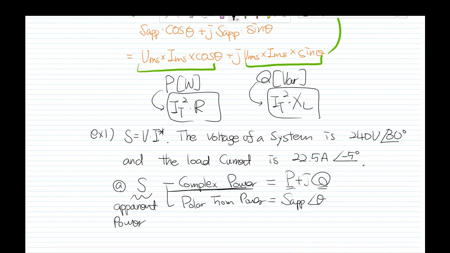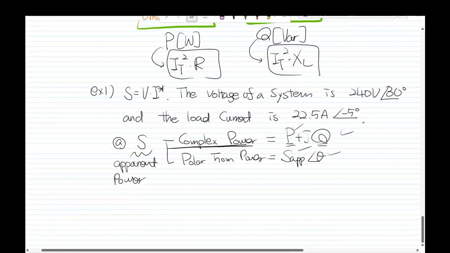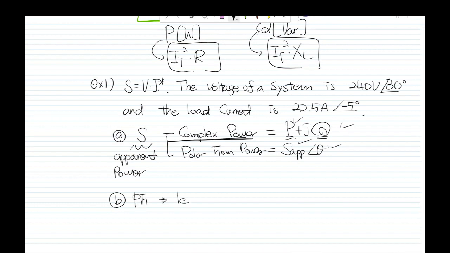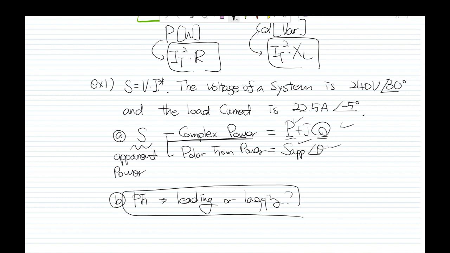So you have to find P, Q, S sub APP, and theta, okay? And then you will also find the power factor, and whether the power factor is leading or lagging. I know it's really confusing, but you know. Okay, so those were the questions from the sample exam.